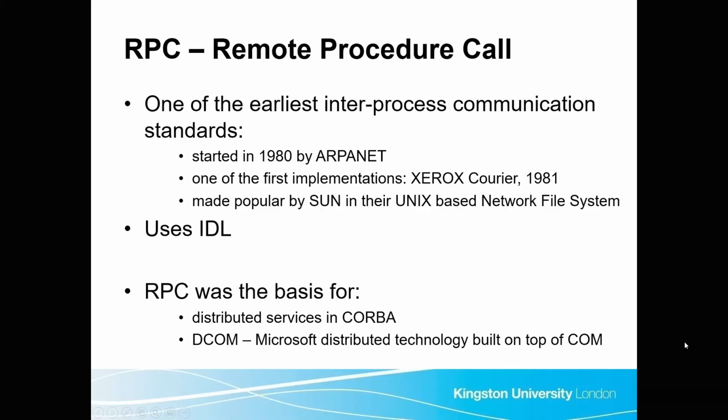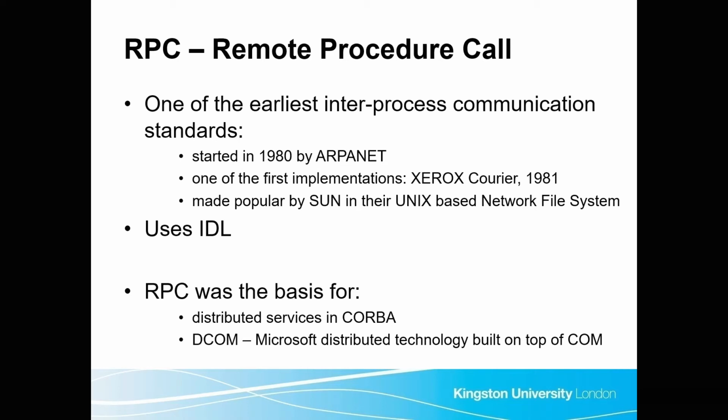So we'll start with RPC, or Remote Procedure Call. One of the earliest inter-process communication standards, started in 1980, so 40 years ago, by ARPANET. It precedes any kind of component-based architecture, not to even mention service-based architecture, because it started not as a part of any kind of components.